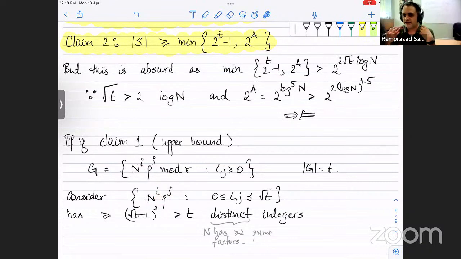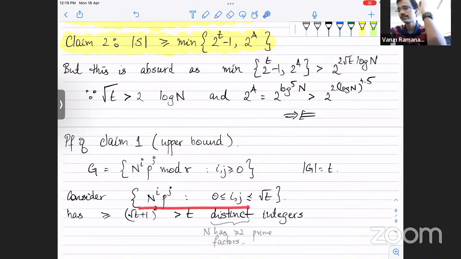By looking at the power of q that divides this number, you will know what i is. You account for whatever the contribution of p from n is going to be, and all extra contribution must have come from this j. So if you know n has two different prime factors, given n power i, p power j, you will know precisely what i and j are.